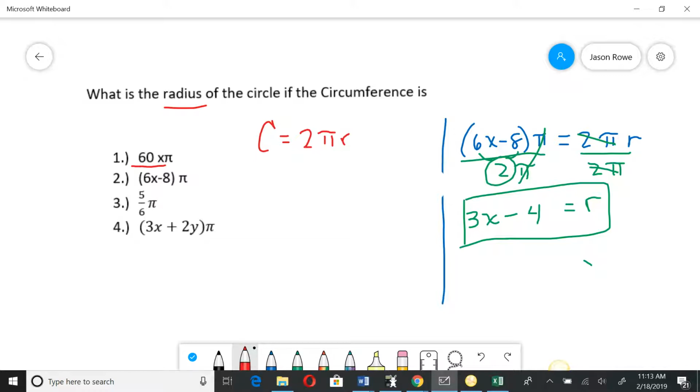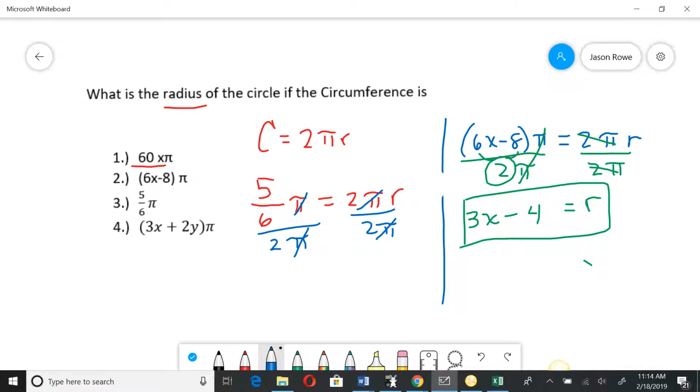So I'm going to replace C with 5/6 pi. I'm going to divide just like I did by 2 pi. Those are going to cancel, like they did before.